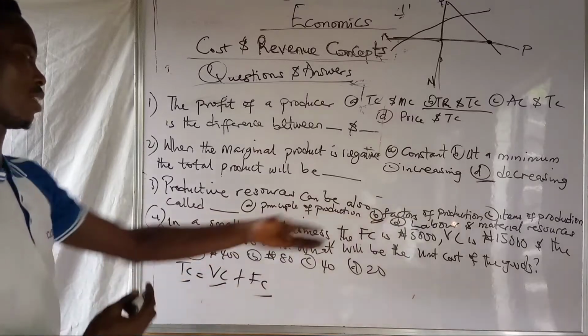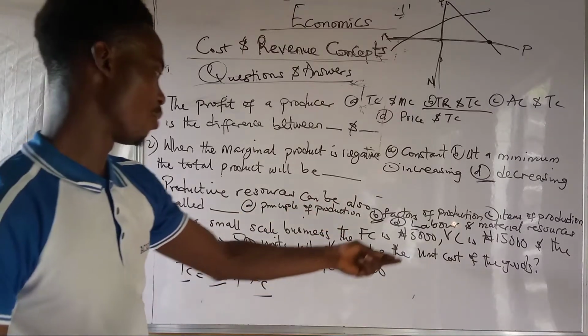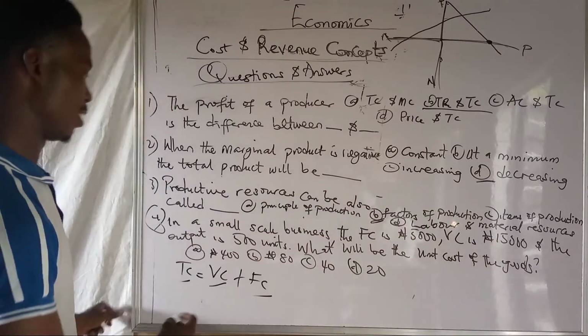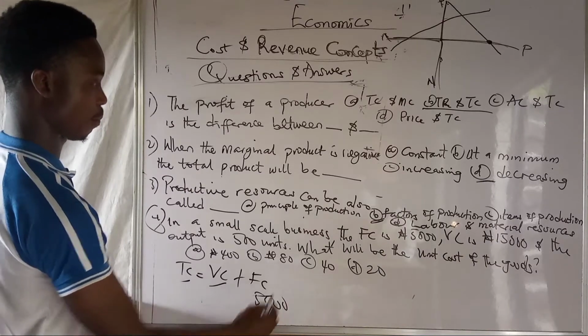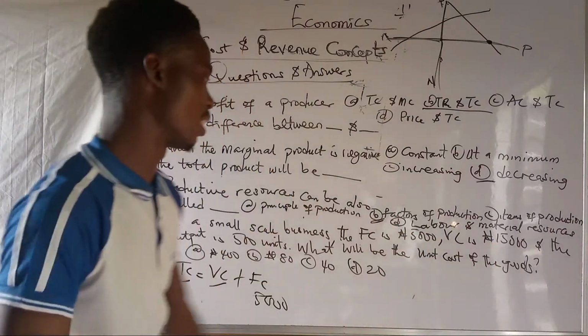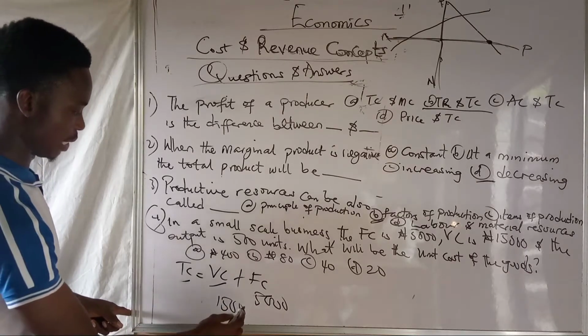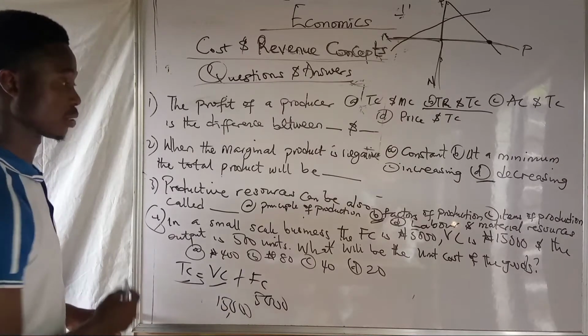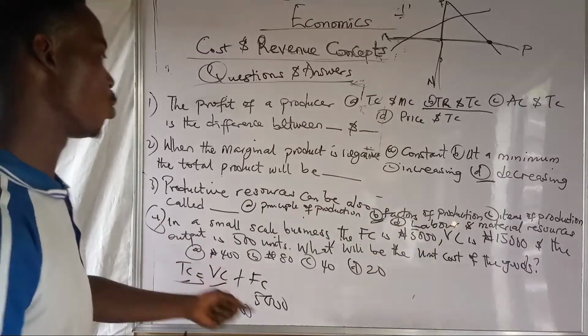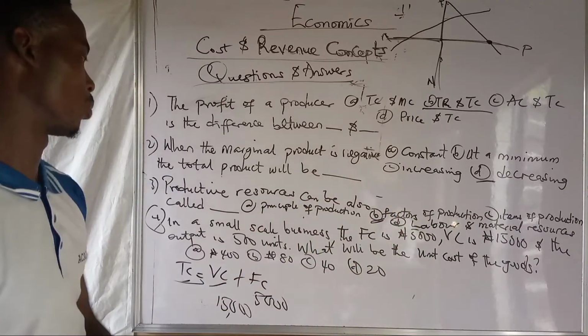So now let's look at what we have here. We have our FC to be 5,000, and we have our VC as the variable cost to be 15,000. Normally, the addition is our total cost. But what is the question talking about? What will be the unit cost of the goods?